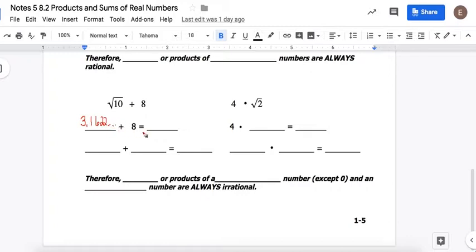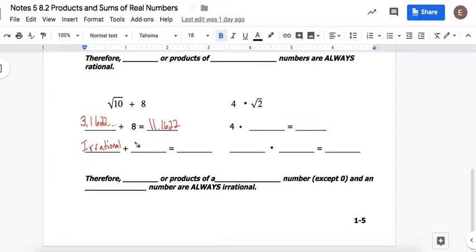And then we're going to do plus 8, which will equal 11.1622. Now, the square root of 10, or 3.1622, is irrational because it's not a perfect square, and this is a non-terminating decimal.